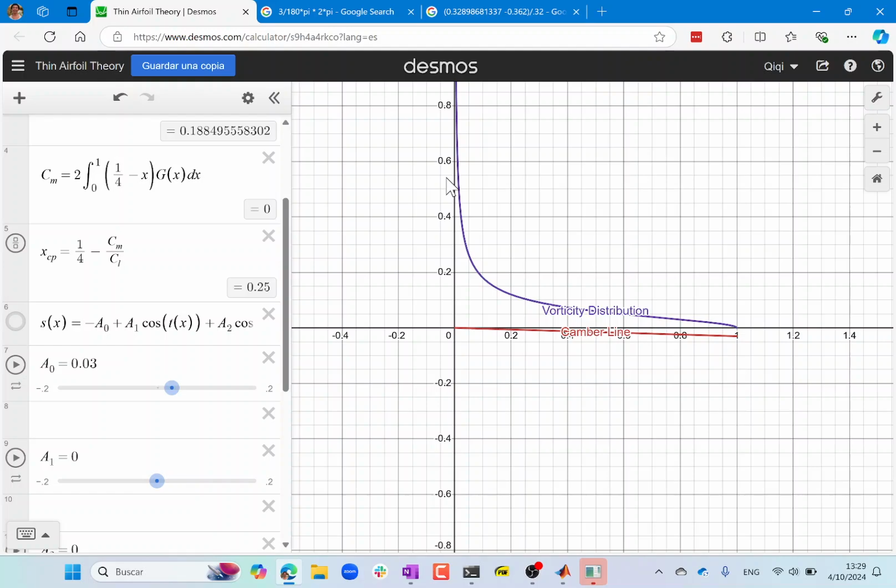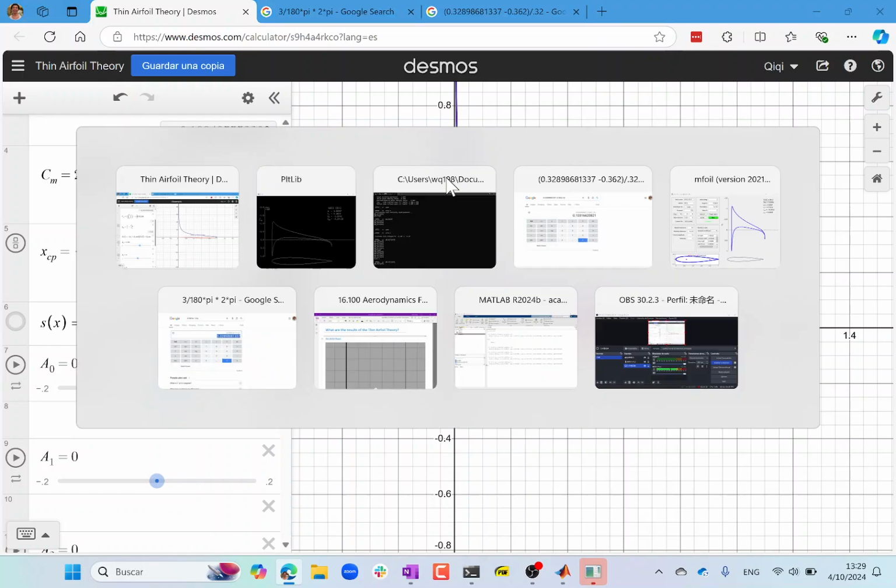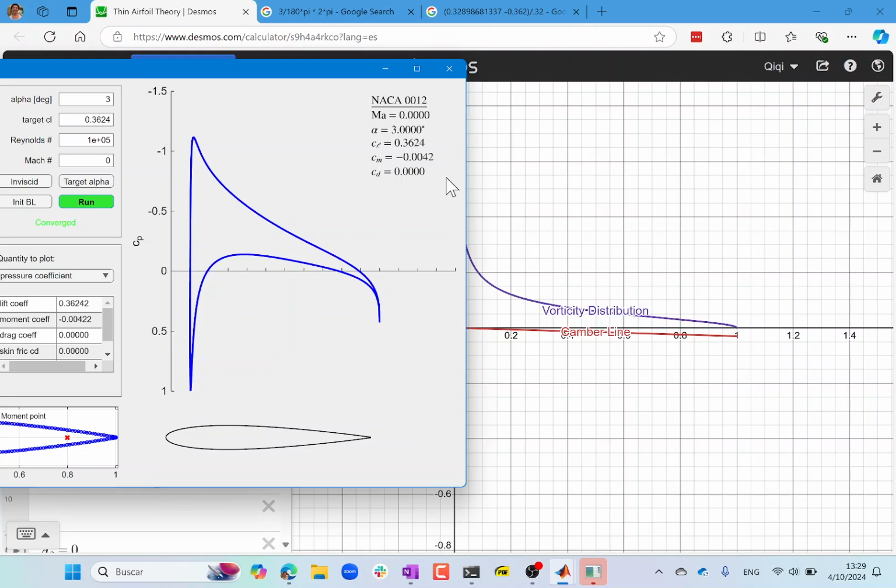So can you calculate, based on what you get from Xfoil or Mfoil, exactly where the center of lift is from the lift coefficient and the moment coefficient? Right here, let me get this up.